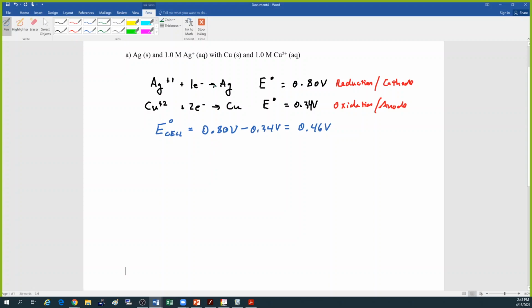So the reduction is going to stay in the same order. But what do we have to change about it to make this work? Can I just leave it like this? We've got to match the electrons, right? So I've got to double this line. And the oxidation one has to be flipped because it's going to go the other way.